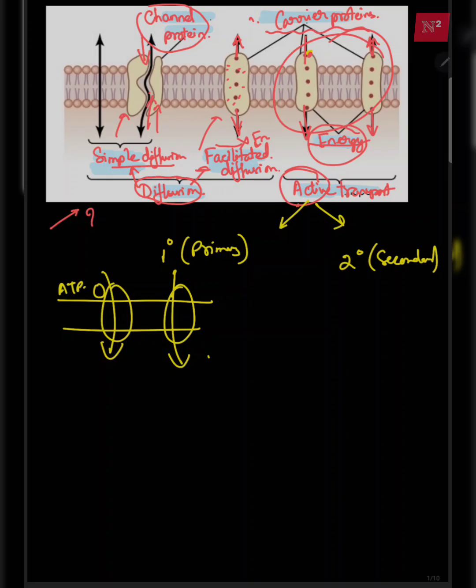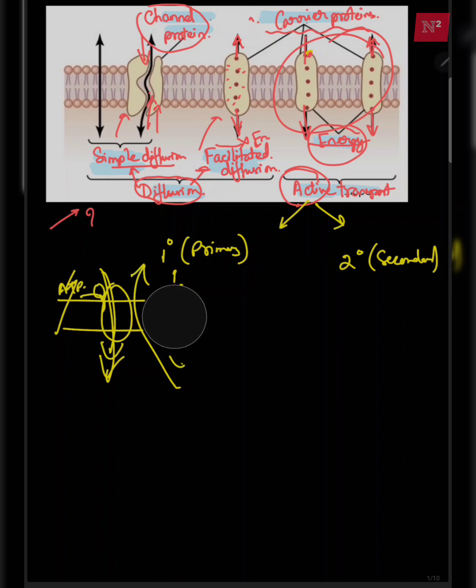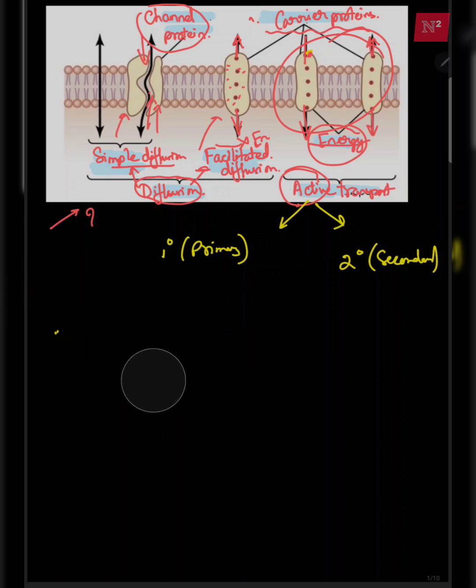So the ATP is directly broken down, and the energy that is released helps in transporting the substances either from outside to inside or from inside to outside. The perfect example for primary transport is the sodium potassium ATPase pump.